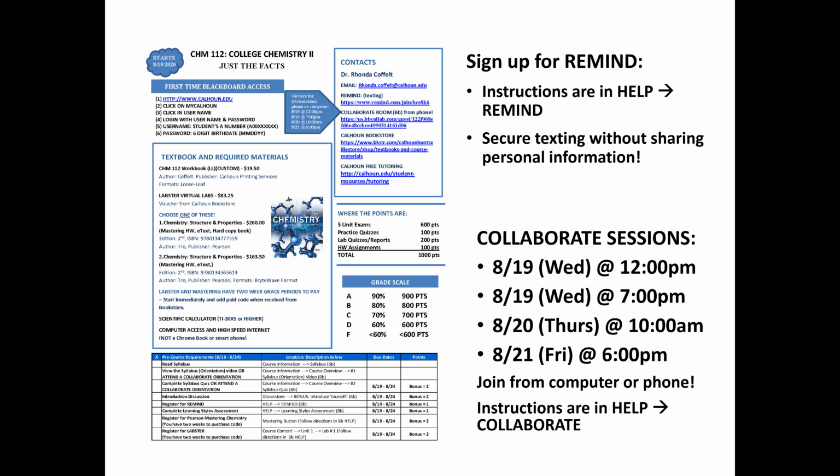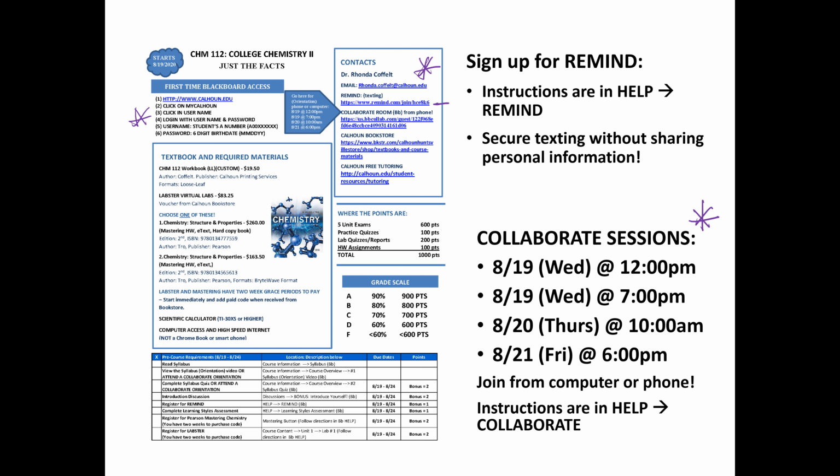If you signed up earlier, I sent out a version of this Just the Facts sheet, and there have been a few tweaks since then. The book and everything is still the same. It covers access to Blackboard if it's your first time there, all the information on how to get in contact with whoever, your Remind address to sign up for texting, and your Collaborate room if you're going to come into one of the Collaborate sessions.